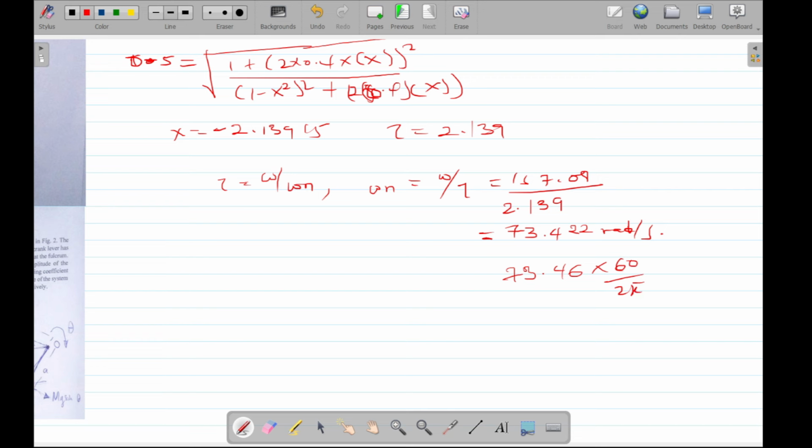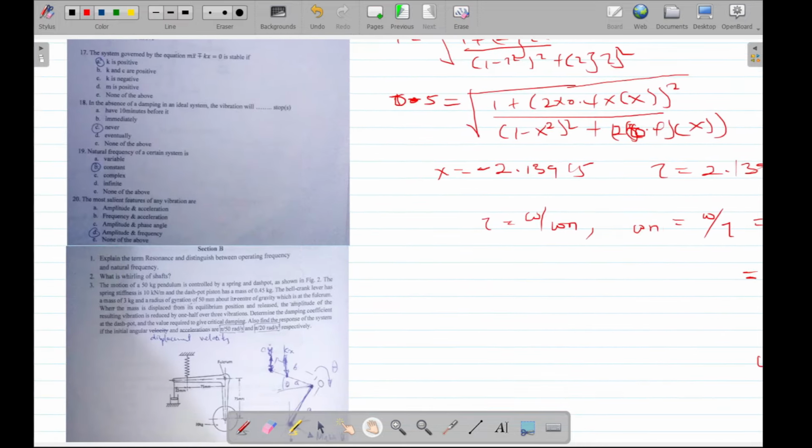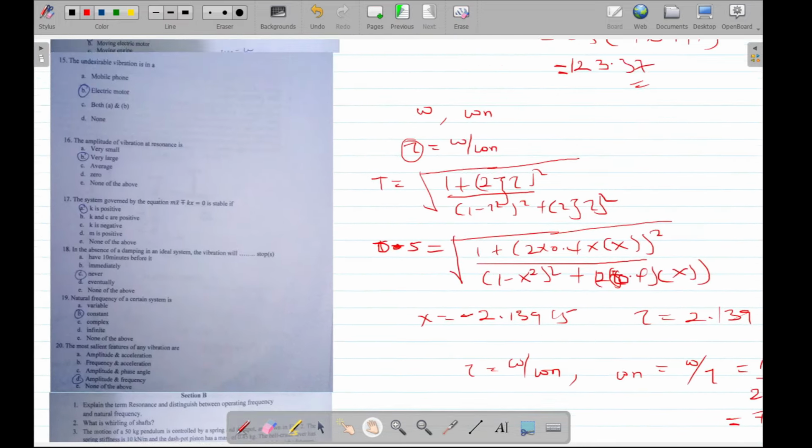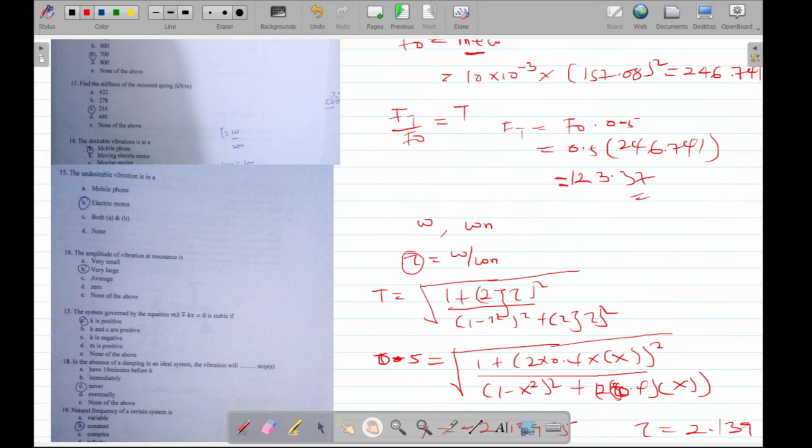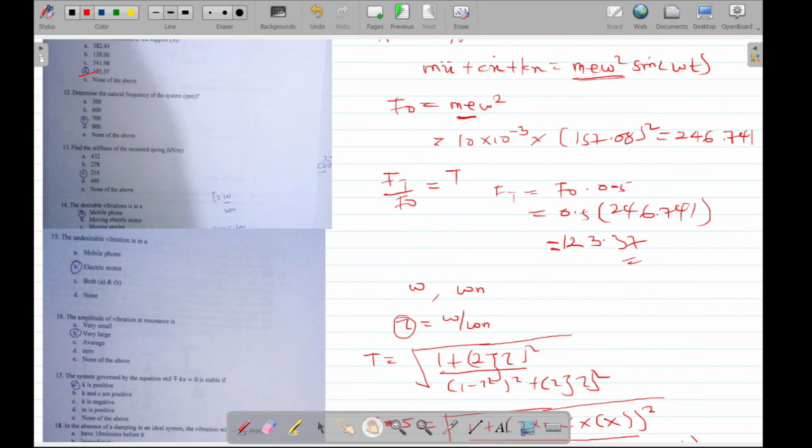So 73.46 times 60 over 2 pi gives us 701.4 RPM, right? And in our answers, we have 700 here. All right, so yes, we pick this.